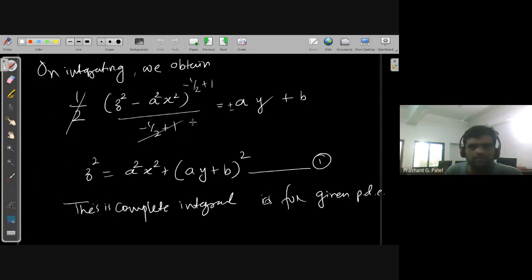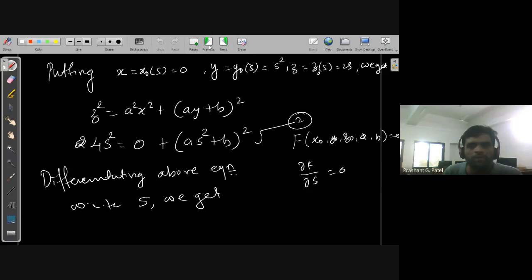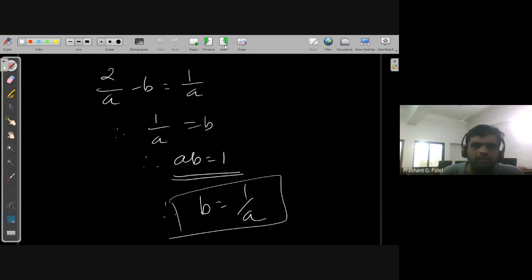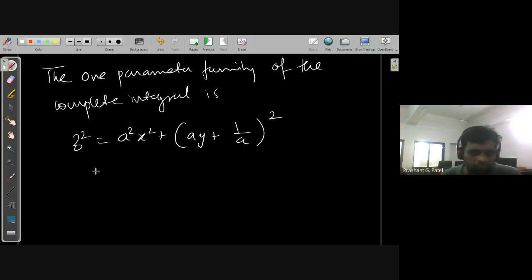Is this. What I have written is 1, 2 and 3 here. So the equation number 1 is this one. Here we have to substitute b equal to 1 upon a, which we got. So therefore we have the one parameter formula is z square equal to a square x square plus ay plus 1 upon a whole square.